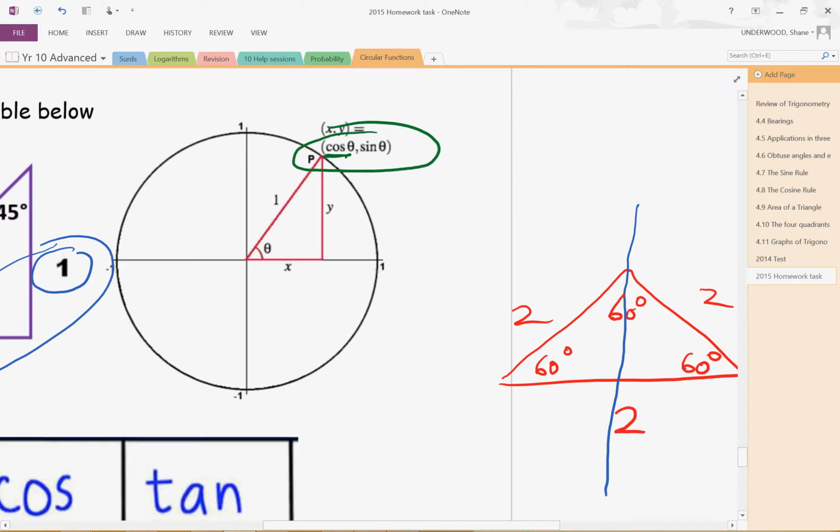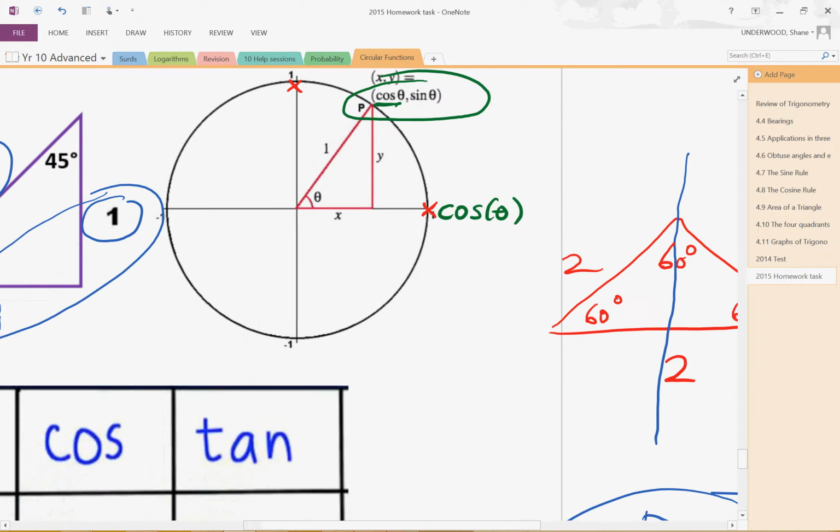So what I want you to do is picture the unit circle, and the x-coordinate is cos of theta, and the y-coordinate is sine of theta.